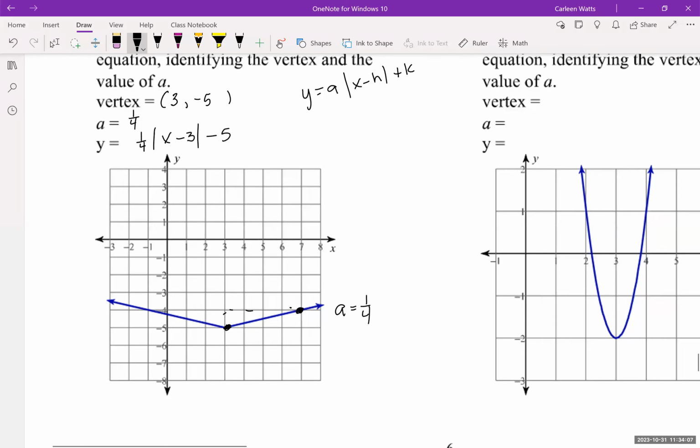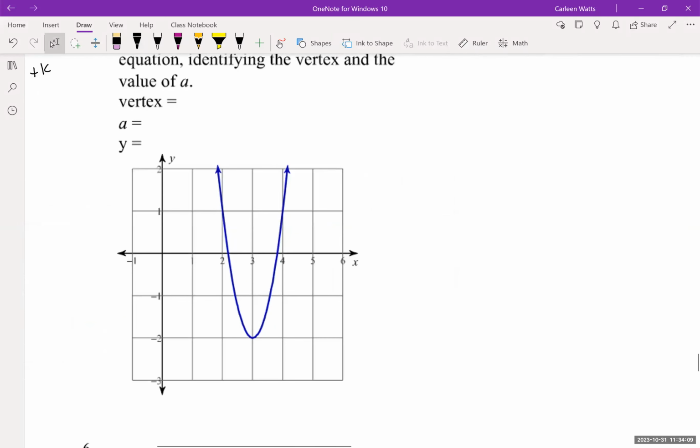And last one, the vertex is 3, -2. And A is 3. And it's a parabola.